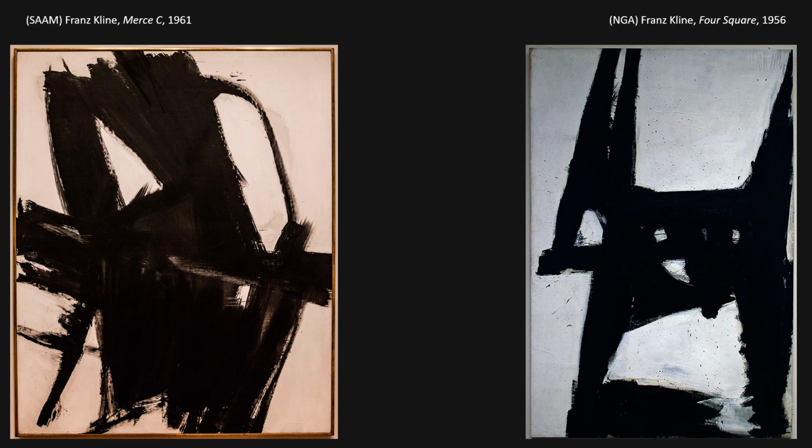This one is named after a famous choreographer, Merce Cunningham, modern dance choreographer, and Franz Kline was friends with Merce Cunningham. And they taught together at this art college in North Carolina, Black Mountain College, which is still there, where a lot of people from the Bauhaus showed up, right?